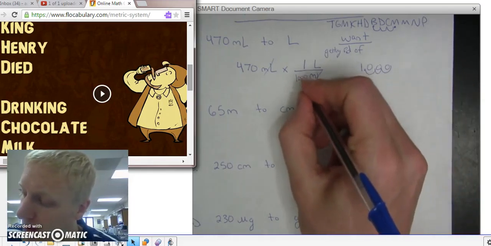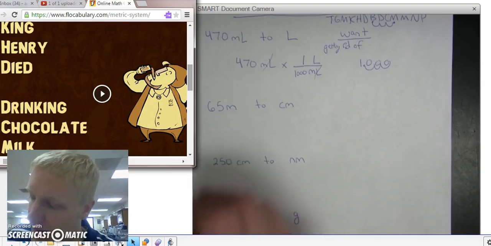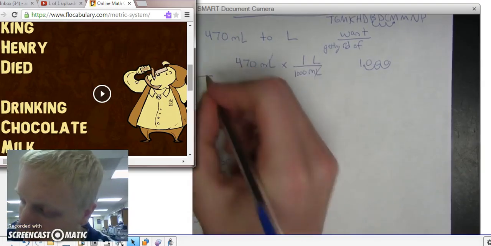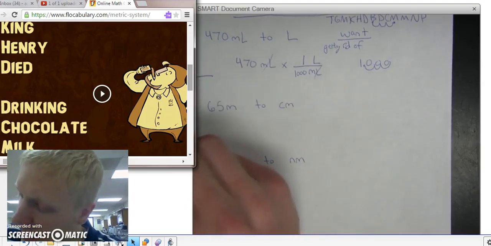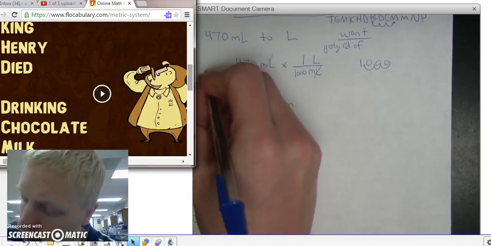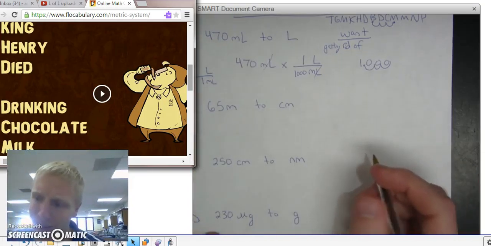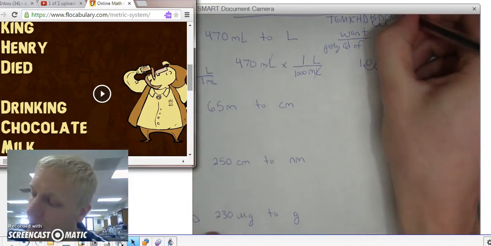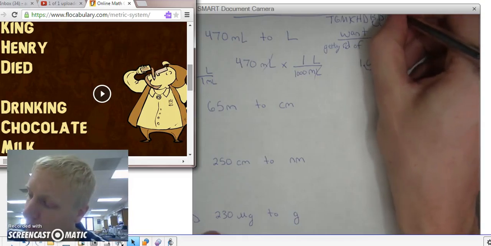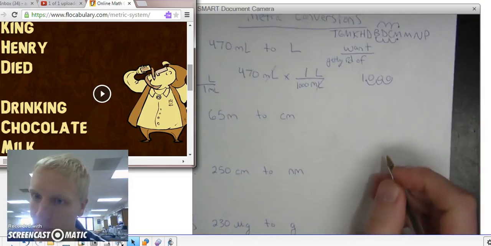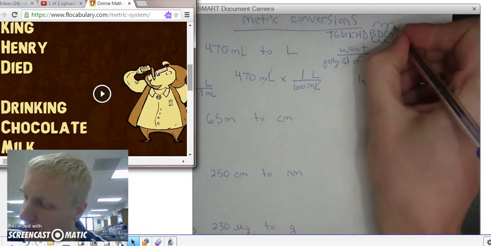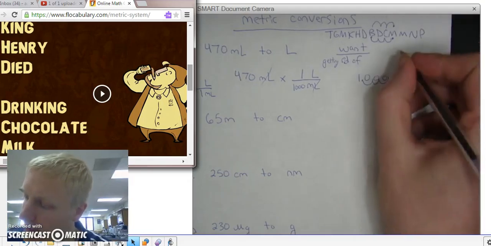If I put 1 on the bottom, why don't we just, for fun, because this is really fun, put 1 on the bottom, 1 mil. So we've got to figure out, alright, liters. I'm starting at milli this time, but instead of going to the right, I'm going to the left, 1, 2, 3 spots. You didn't see that, did you? Up here it says 1, 2, 3 spots.